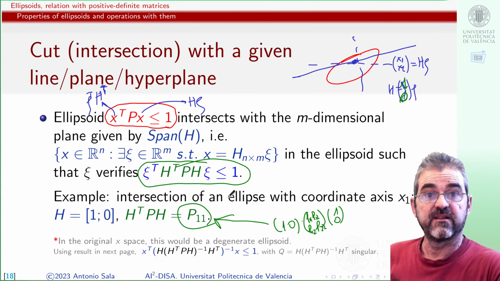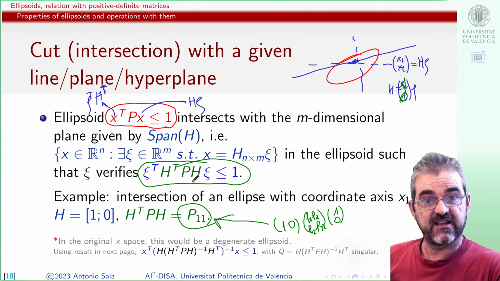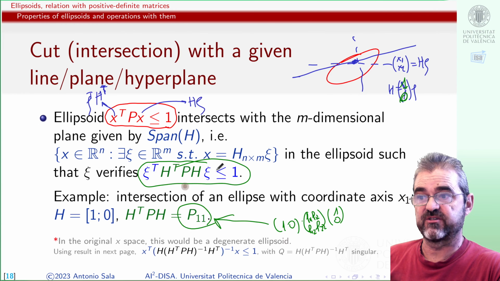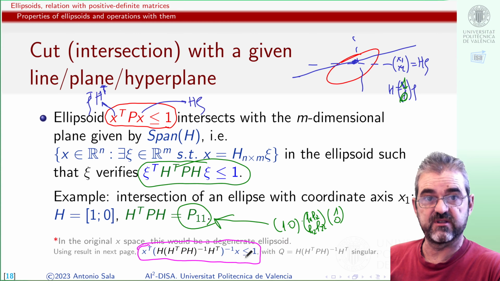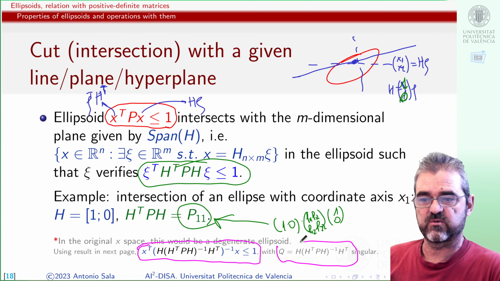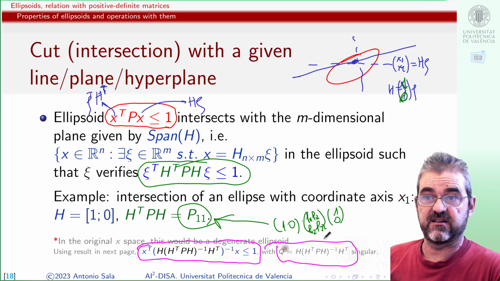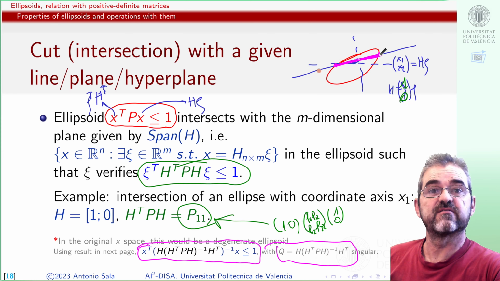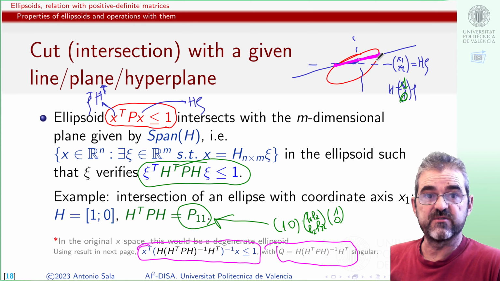Using the result in the next page, the image of this ellipsoid by the linear transformation h in the x domain can be proved to be like this. We'll do it in a minute, but the matrix inside the inverse will not be full rank, so it will be a degenerate ellipsoid, because indeed this interval is a 1D object in a 2D world. It has no volume.